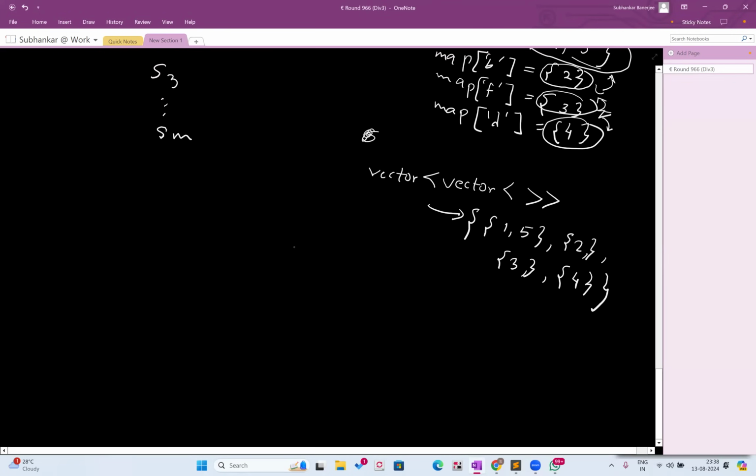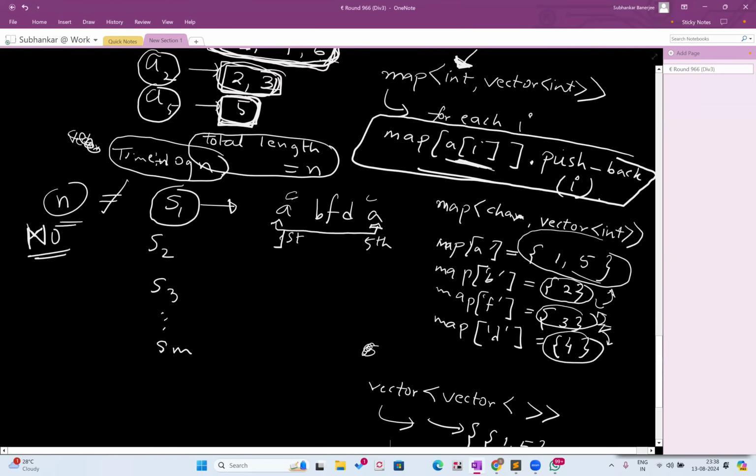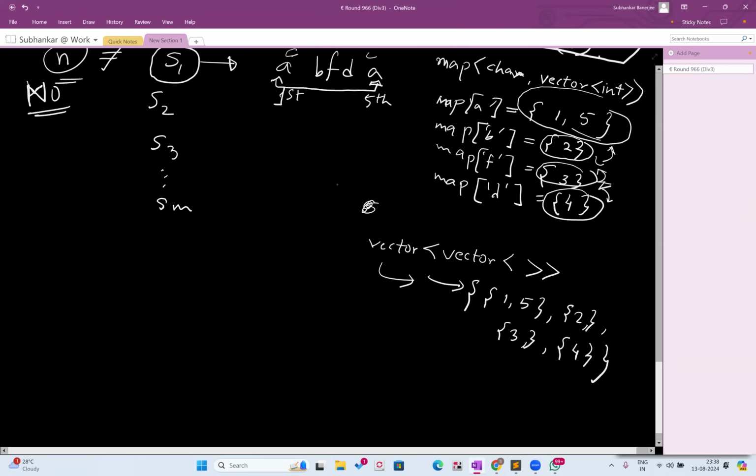Now we have to match this vector of vector with the vector of vector that was formed using the initial array.